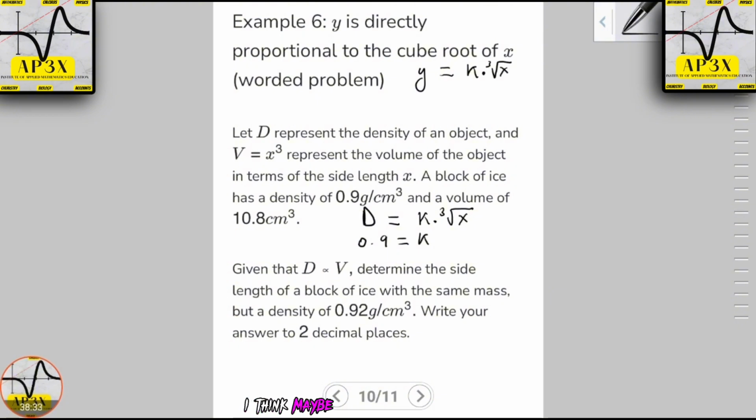I think maybe we need to revisit the formula here. Okay, it says here that let D represent the density of the object and V is equal to x cubed.